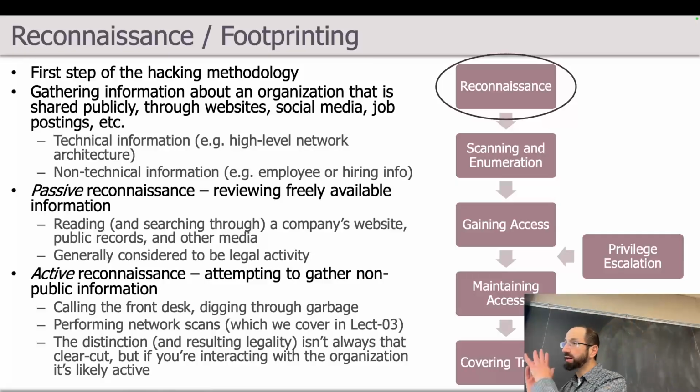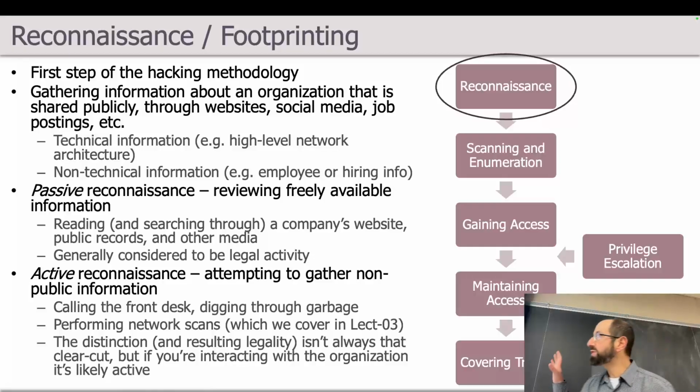It starts at the top with the concept of reconnaissance as the first step of the hacking methodology. A way to think about it is that you're trying to learn something about an organization without doing anything active, by looking at primarily publicly available resources. You're staring into the window from across the street versus trying to break into the house.